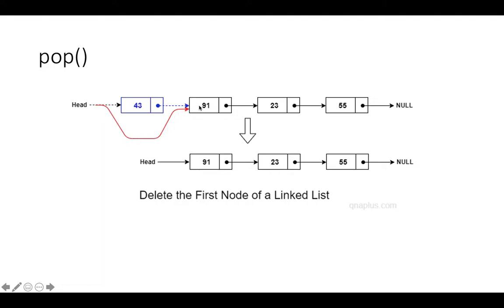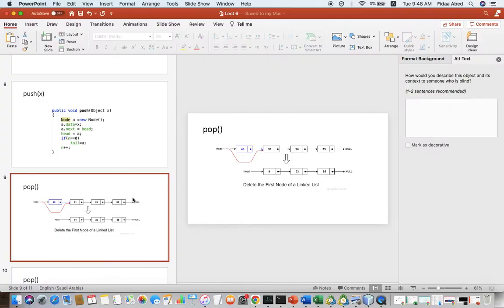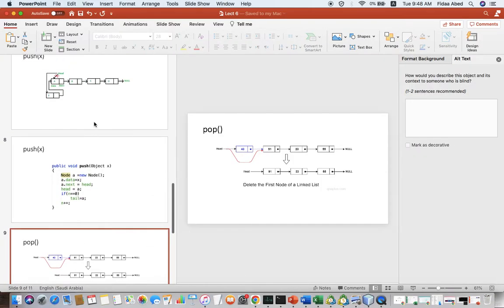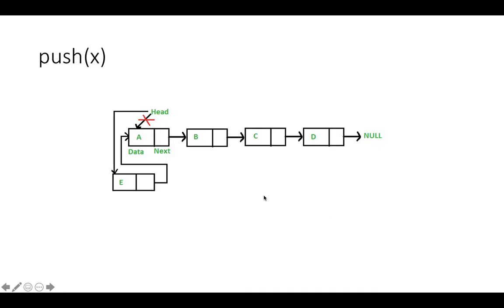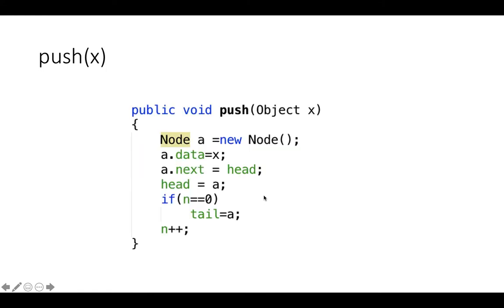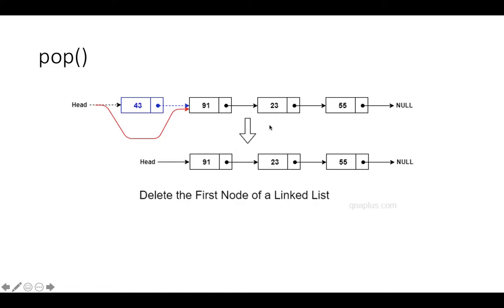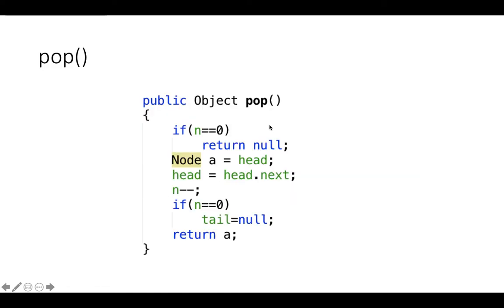So the head is now pointing to this node, and the old node is ignored. So again, let's go back to slides. This is the push operation, and this is the code that we write for the push operation, and this is the pop operation. We delete the first element in the linked list, and this is the code for the pop operation.